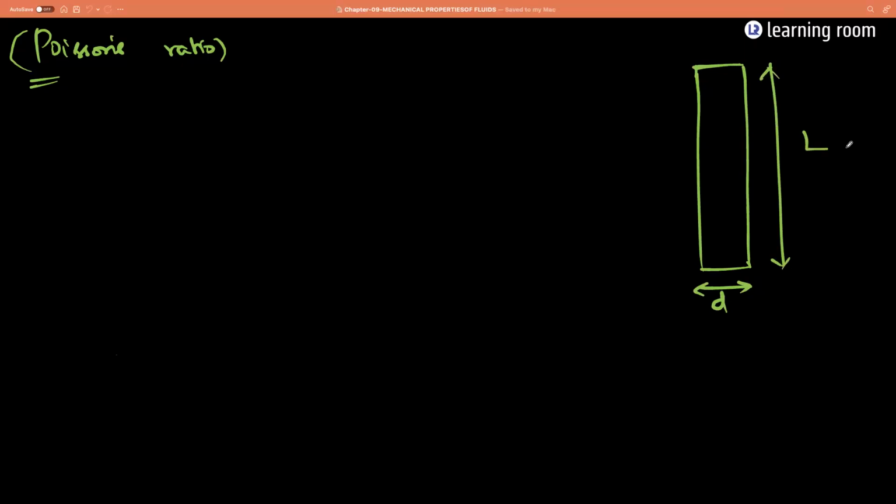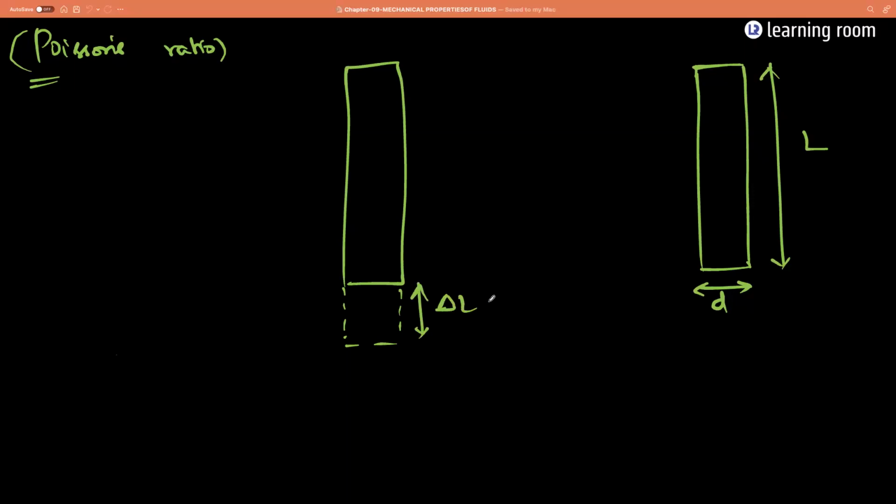Now you suspend some weight. What did we discuss according to the longitudinal stress? That the wire will undergo some elongation, right? So the actual concept that we learned is something like this. This is delta L. So how did we write the Young's modulus?